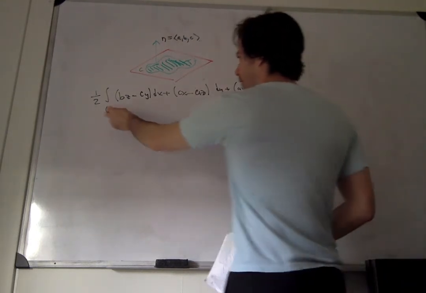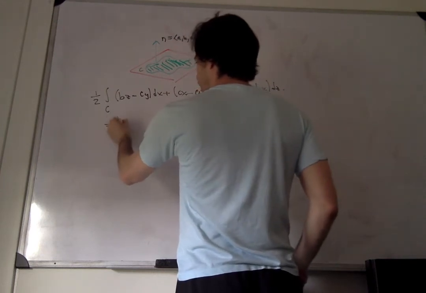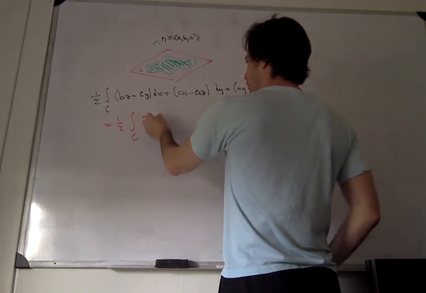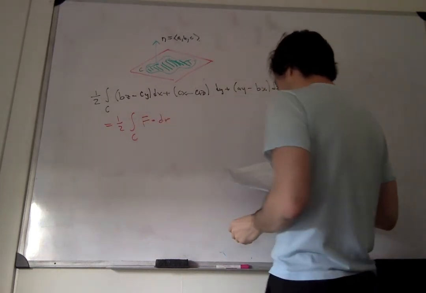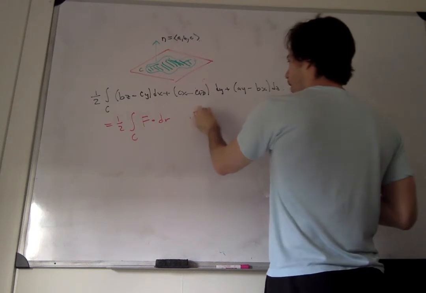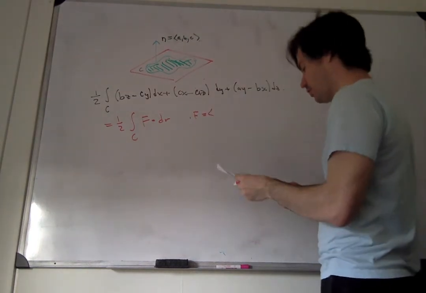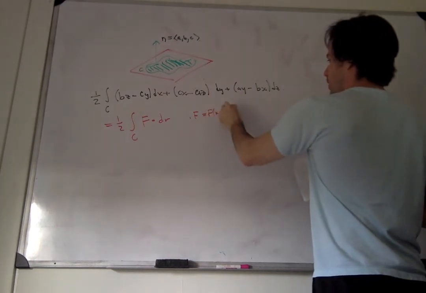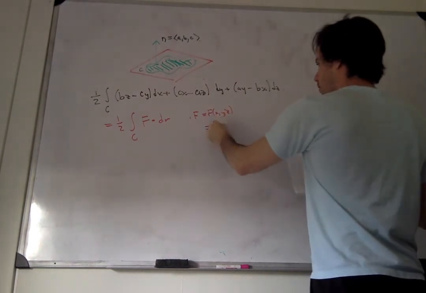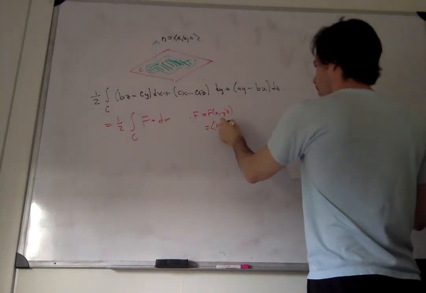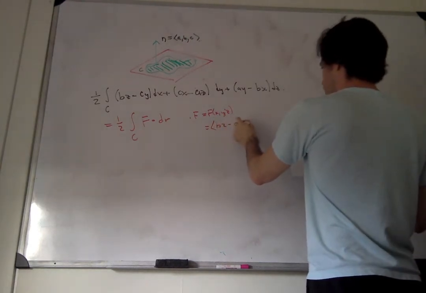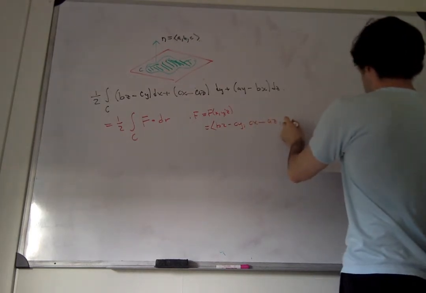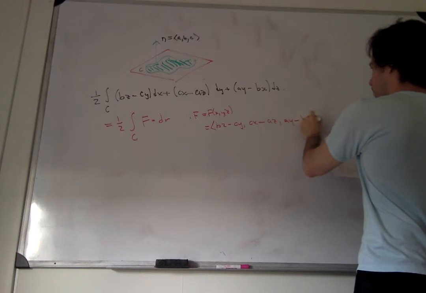Well, I've got this one half, and this is going to equal the integral of F dot dr, where F is the vector field with parts x, y, and z: bz minus cy, cx minus az, and ay minus bx.